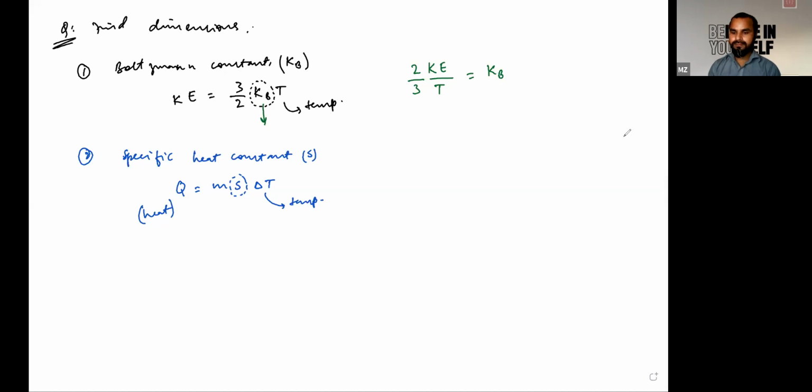Abhinav, check your dimension for K. Iram, do you have any doubt while solving?